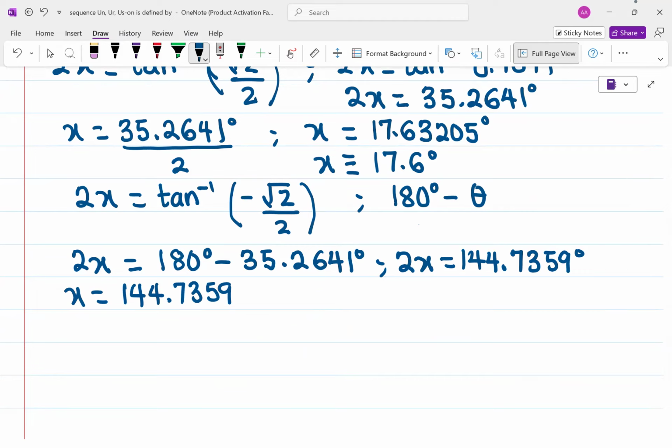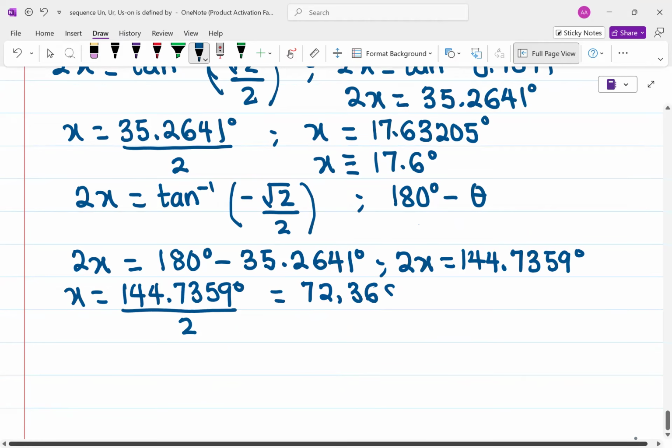So if I divide both sides by 2, I have my x is equals to 144.7359 divided by 2. So this will give me 72.3680 approximately. So that means my x is approximately 72.4 degrees in one decimal place.